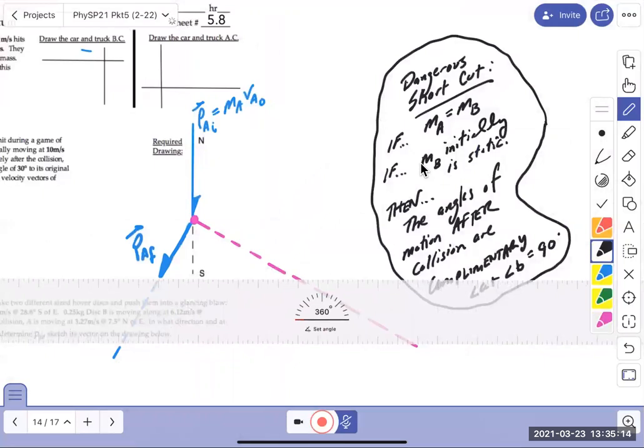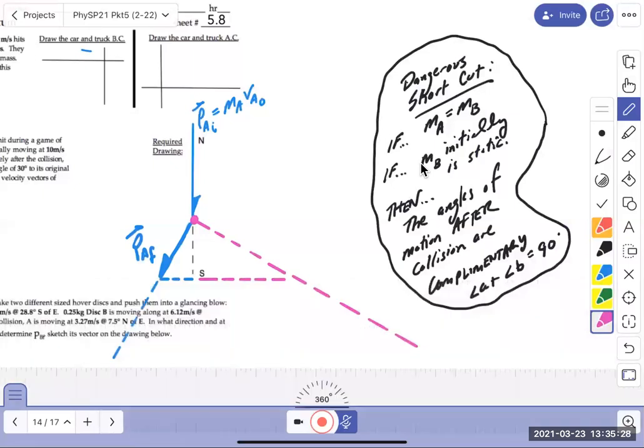Remember, I never told you this, but a vector at an angle is the hypotenuse of a right triangle. So the two right triangles that would form, this is a mistake. This is wrong. But this is what students do on the test all the time.